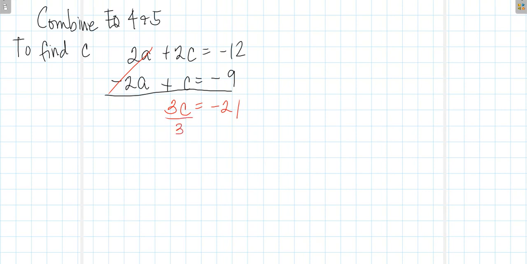Therefore, divide this by 3, so c is equal to -7. Okay, so this is now to find c.